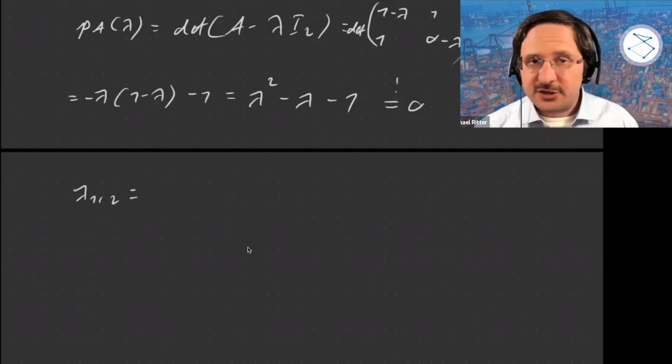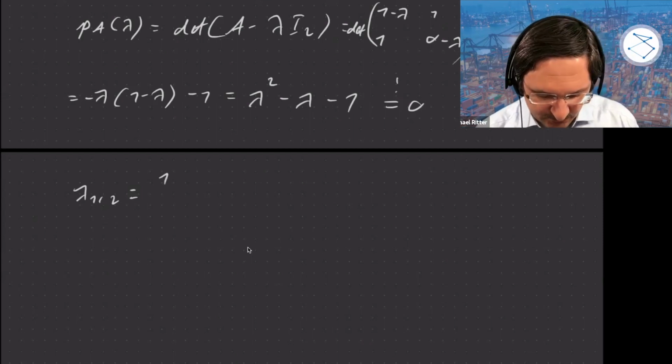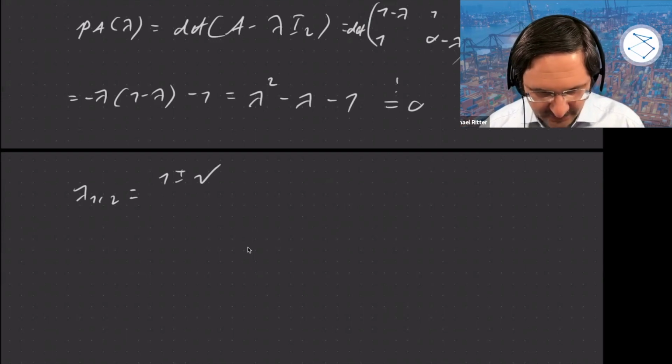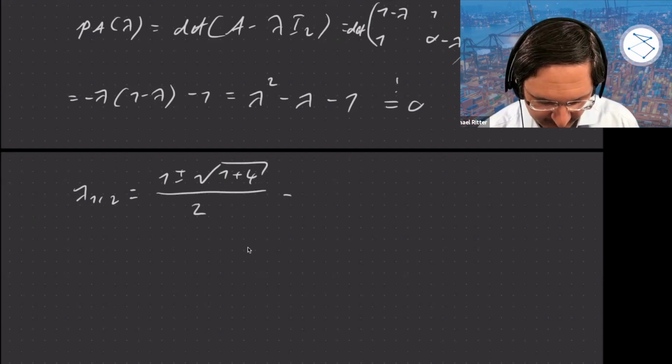And we can compute this by simply using the quadratic formula. So let's see, that's minus minus 1, that's plus 1, plus minus the square root of 1 plus 4 times 1, so that's 4, divided by 2.